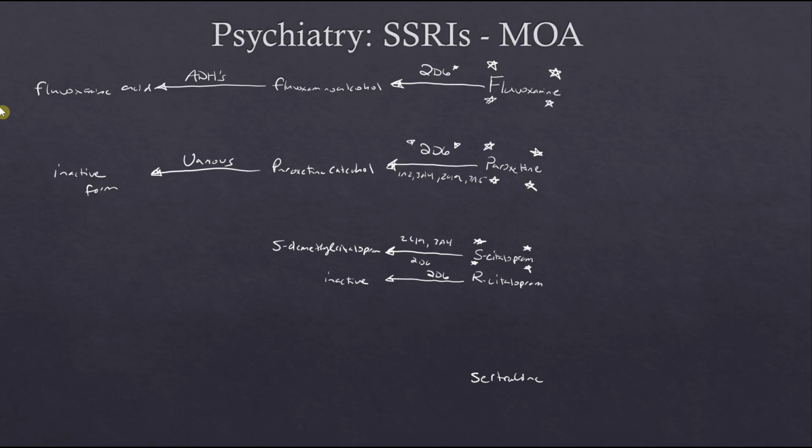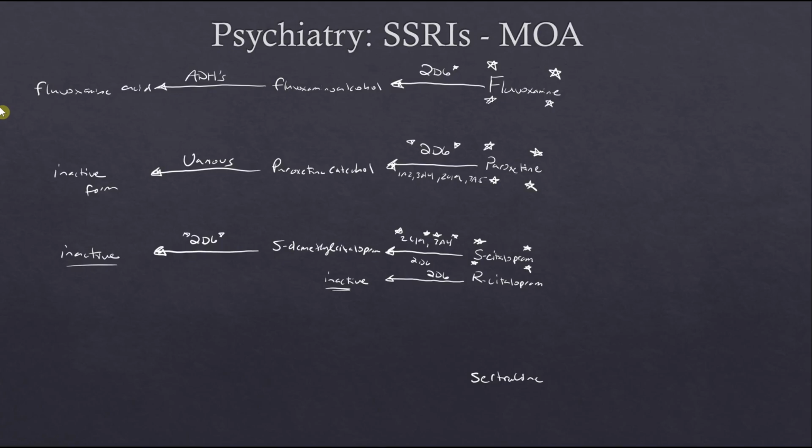S is super, but the R form gets metabolized by 2D6 into an inactive form which gets excreted, while S-citalopram, which is also the actual parent compound of the drug escitalopram, is mostly metabolized majorly by 2C19 and 3A4 with a little bit of 2D6, but mainly 2C19 and 3A4 into S-desmethylcitalopram. And then this further undergoes one more step, and that's metabolism by 2D6 into an inactive form, just like we saw with paroxetine above.